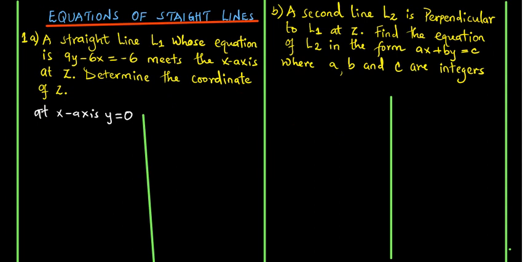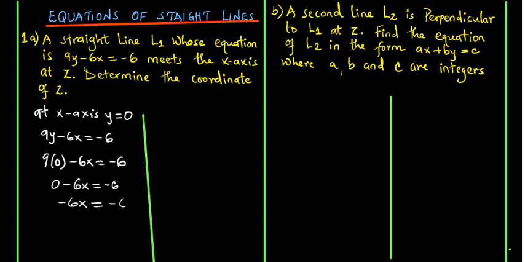Now, the equation of the line L1 was 9y minus 6x equals -6. So we replace the value of y with 0 to get the value of the x coordinate. 9 times 0 minus 6x equals -6. 9 multiplied by 0 is 0, so -6x equals -6.